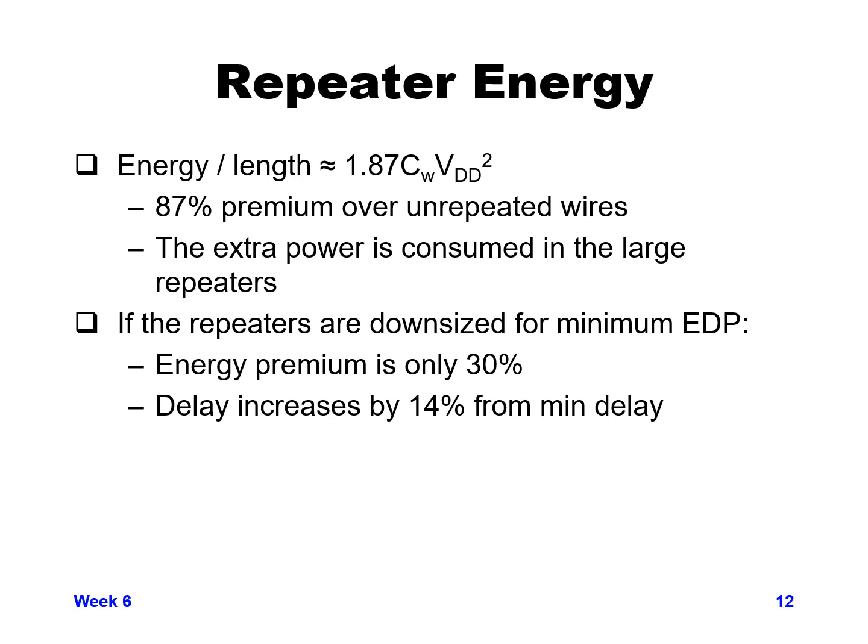So the comment here is saying if you actually put in the optimal size repeater transistors or repeater inverters or buffers, you could get an 87% premium of power over just the regular wire being there, and you can reduce how much that increase is.